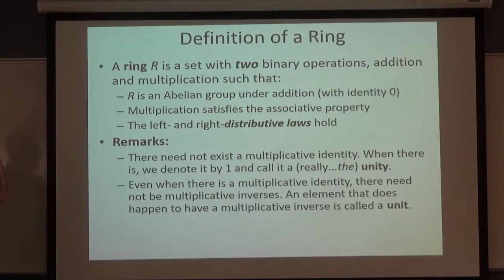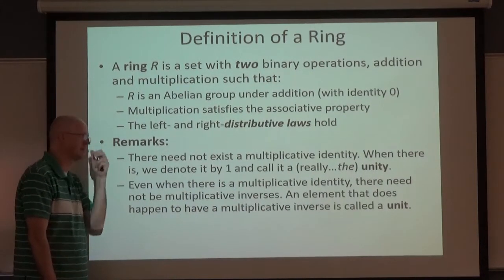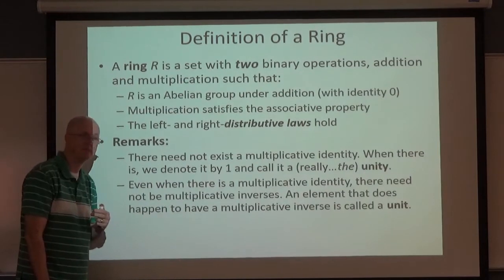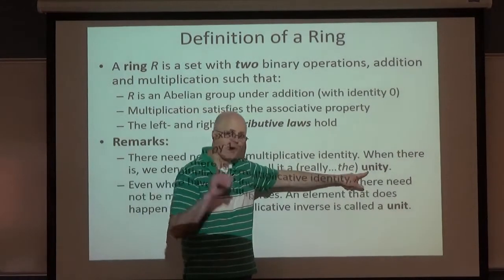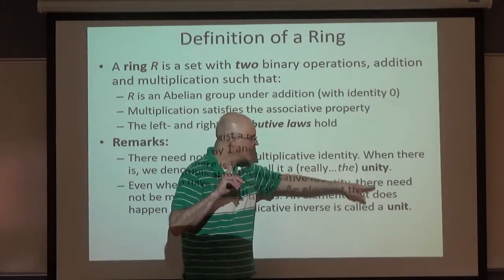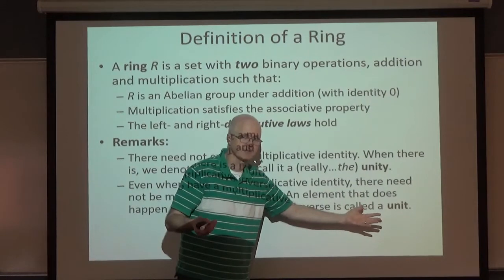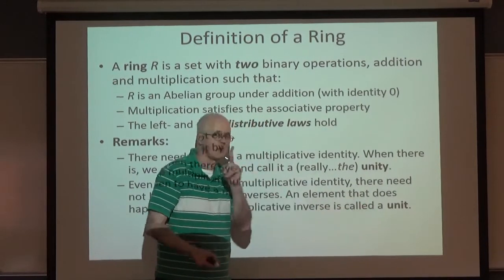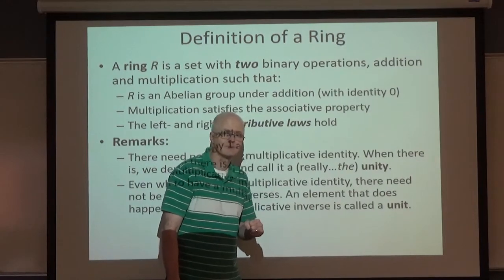Even when there is a multiplicative identity, there need not be multiplicative inverses. An element that does happen to have a multiplicative inverse is called a unit, for short. So unity means 1, the multiplicative identity. Unit means it's got a multiplicative inverse. There's only one unity, but there could be lots of units.